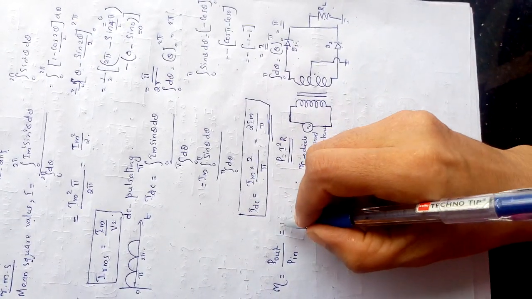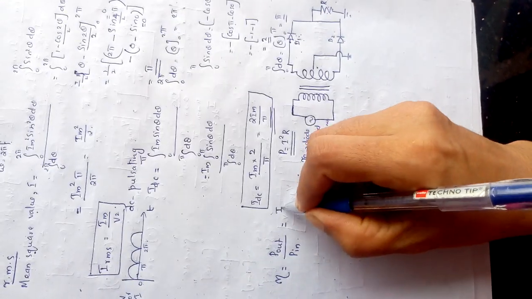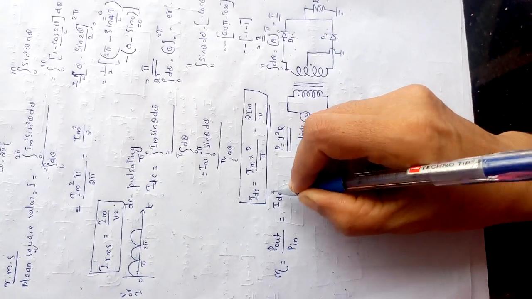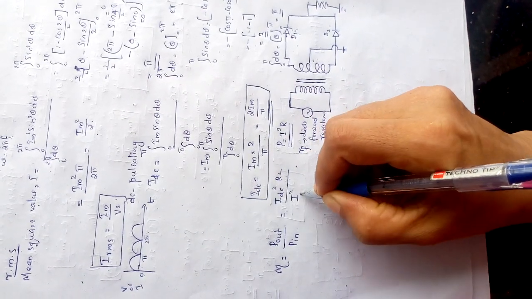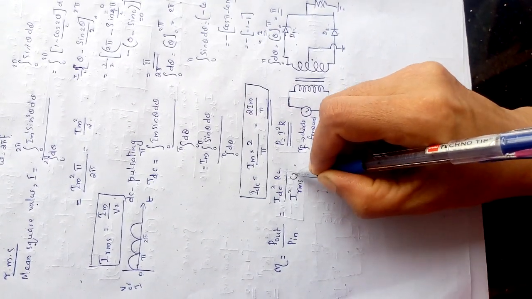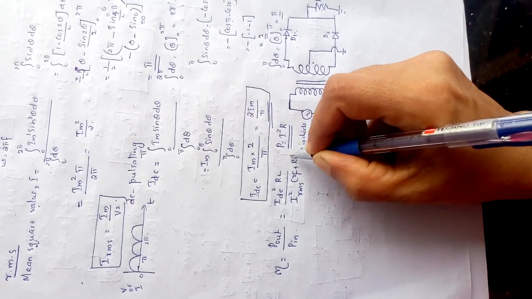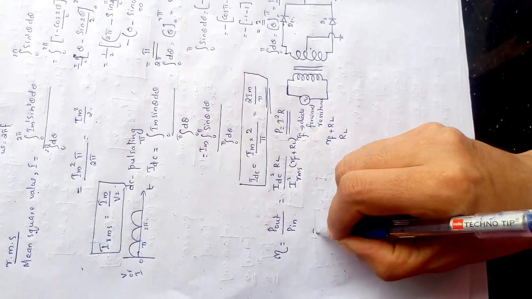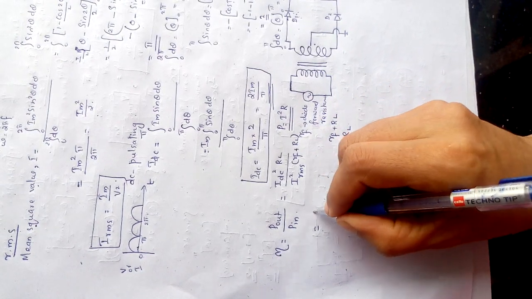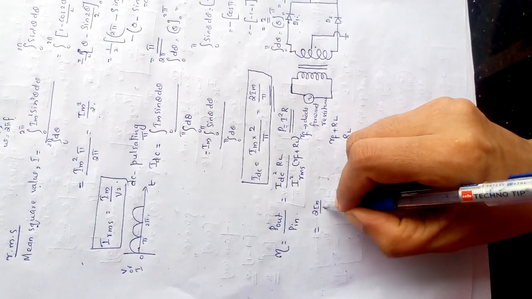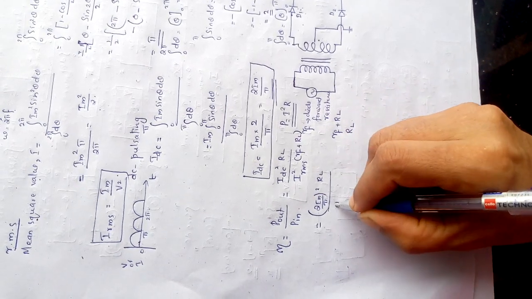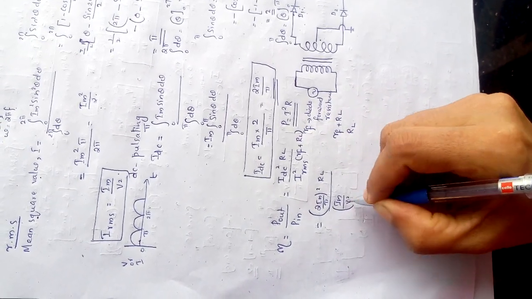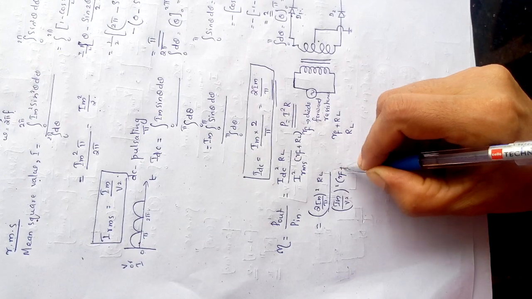So we can write the expression for efficiency as P out over P in: I square DC into RL divided by, in the input part, I square RMS into RF plus RL. Now we substitute the values: 2 Im by pi the whole square into RL, divided by Im by root 2 the whole square into RF plus RL.